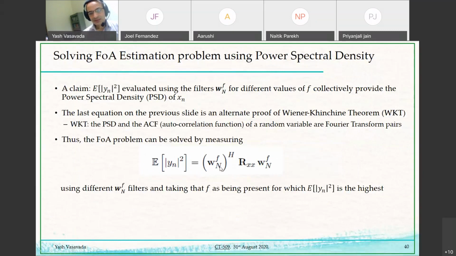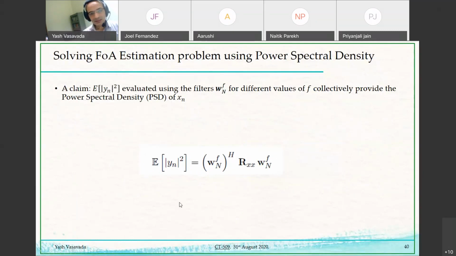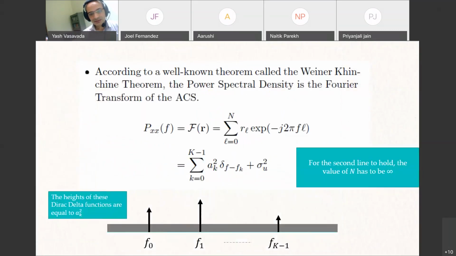Remember, the power spectral density is a function of this small f, and so I cannot just use one f. If I am unlucky and end up choosing a value of f somewhere over here, all I'm going to see is just the noise power. If I move a little bit away, I'm again going to measure the identical noise power, and then again the same.